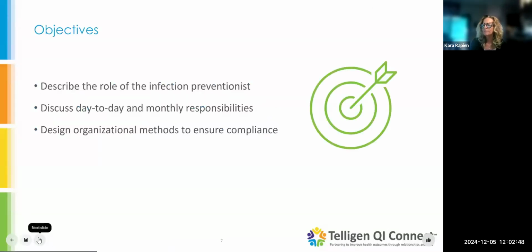Our objectives for the session today are to describe the role of the infection preventionist. We're going to discuss the day-to-day and possibly month-to-month responsibilities that you will have, and also come up with organizational methods to ensure compliance in your role as an IP.